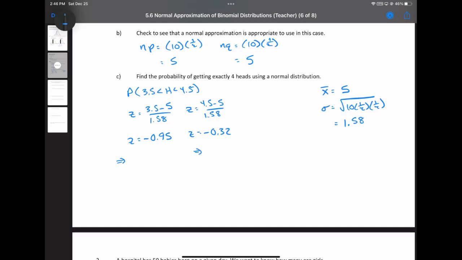But let's use our z-score tables to look those up. So negative 0.95 is 17.106%. And negative 0.32 is 37.448%.